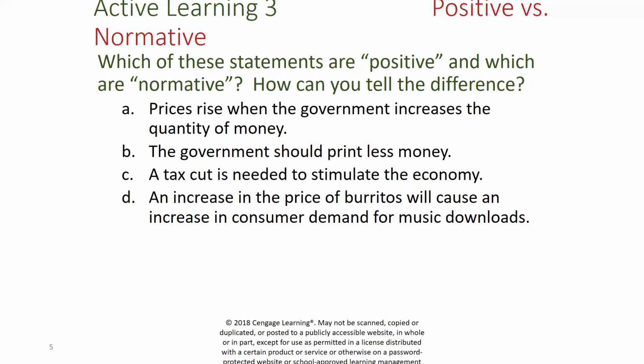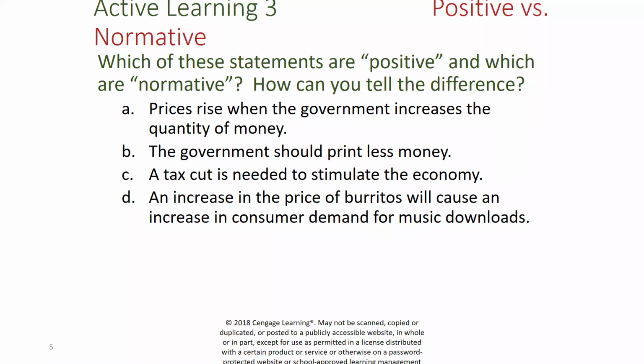And then you get to positive versus normative statements. A positive statement is facts. So, prices rise when the government increases the quantity of money. That is a fact. That is not a normative statement. The government should print less money. That is a normative statement because you could argue, is inflation good or bad? Some inflation is good.